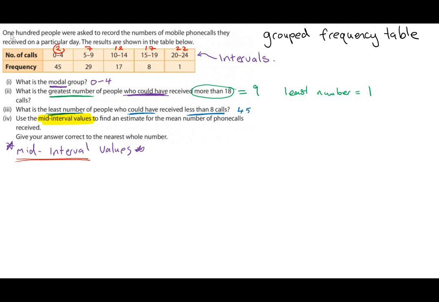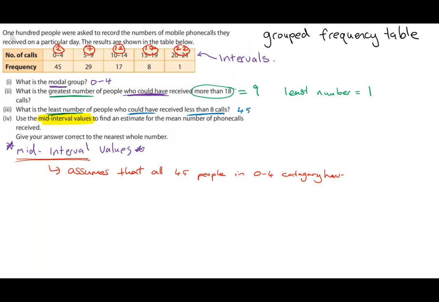Now the mid-interval assumes, so this has got a little bit of assumption, that all 45 people in the 0 to 4 category have 2 calls.